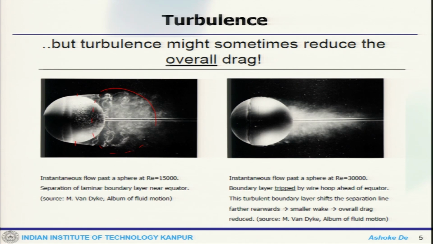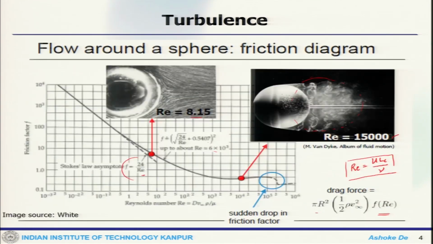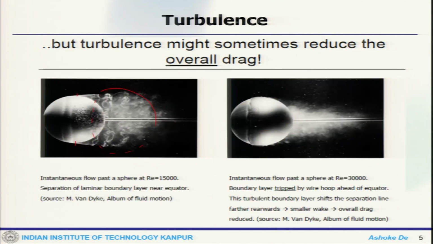That is a situation where the laminar boundary layer separates, because this particular Reynolds number, 15,000, belongs somewhere here. So with increasing Reynolds number, if you have the separation point here, there is a zone which will create the adverse pressure gradient, and you will get more drag force.